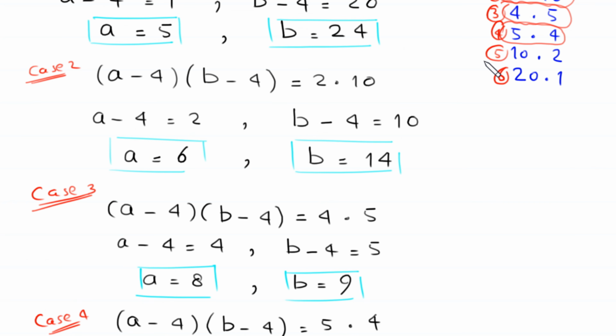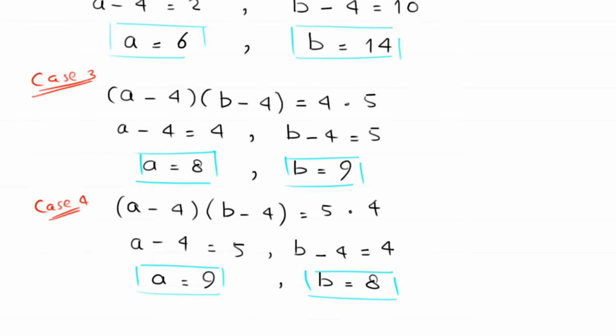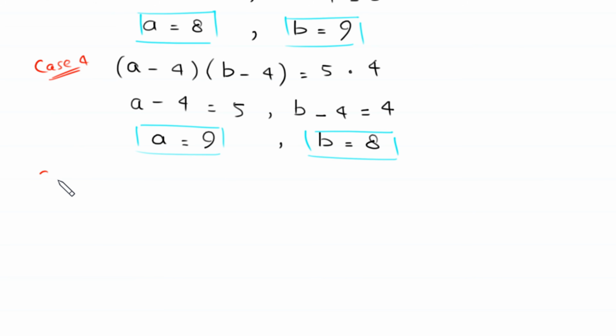Now we solve this case number 5: 10 times 2. In the case number 5 we write these factors: a minus 4 times b minus 4 equal to 10 times 2.